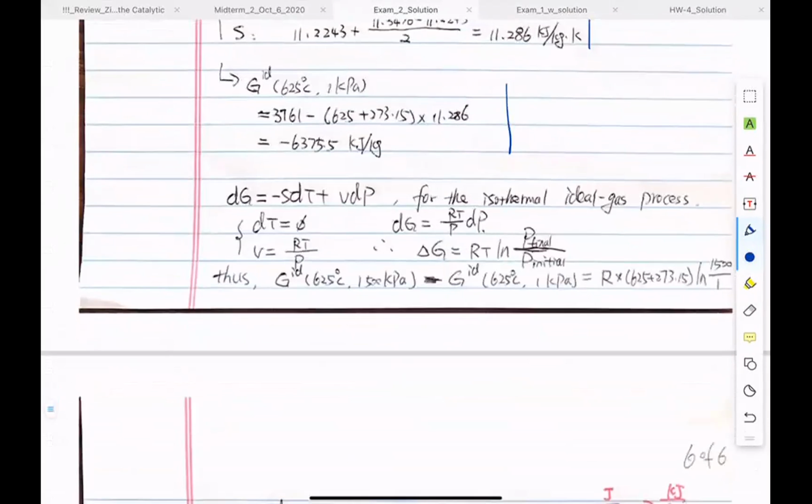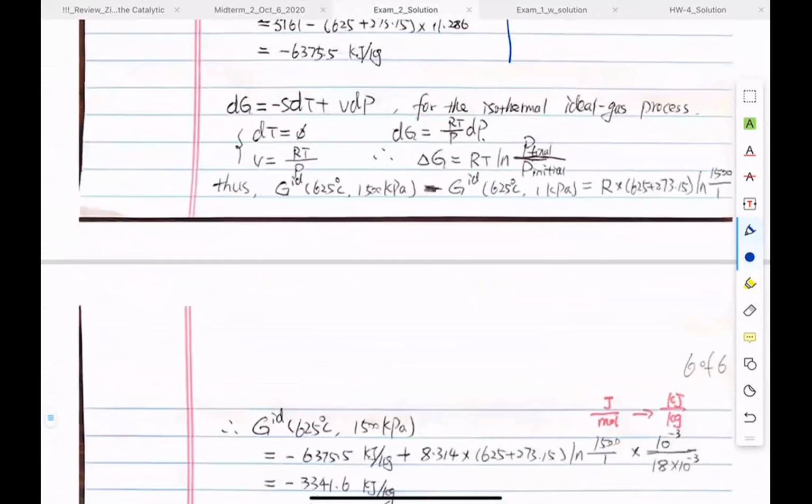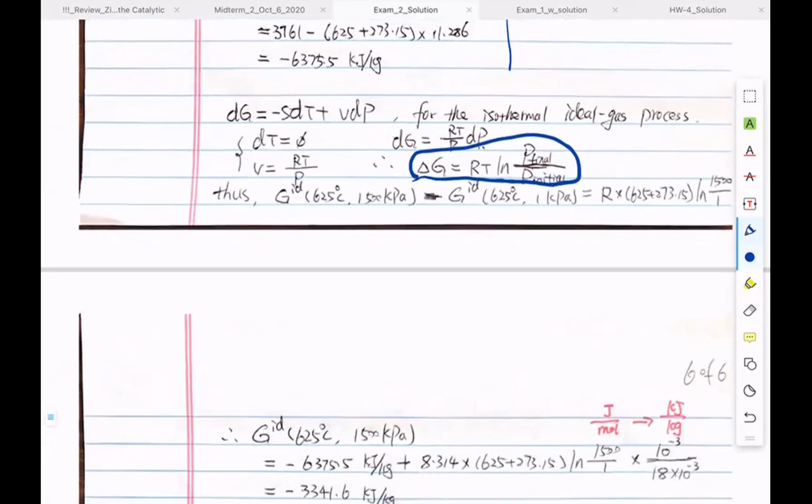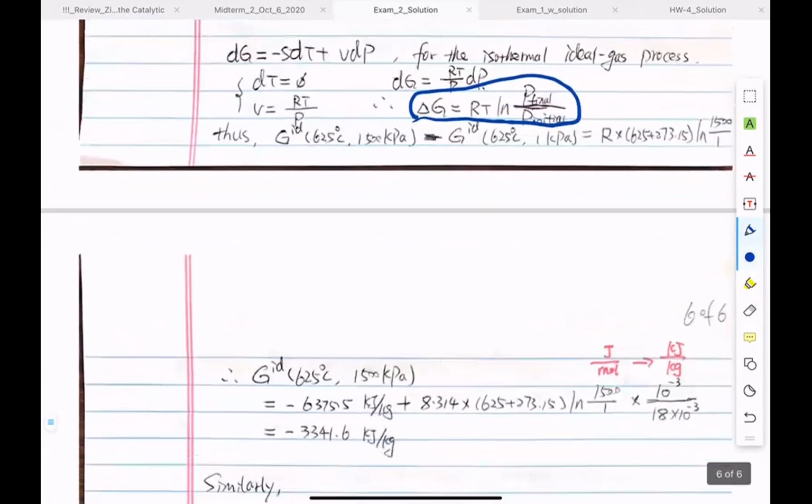Here I was trying to convince you that when you are moving from the low pressure ideal gas to the high pressure ideal gas, the Gibbs energy will change. The pressure change will make a difference to the Gibbs energy. That is what was going on in order to include this term.